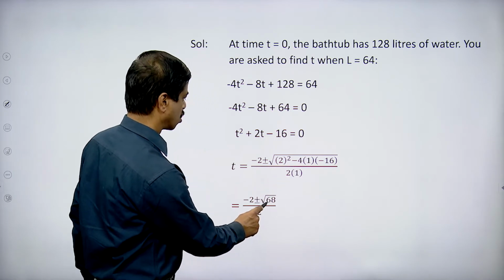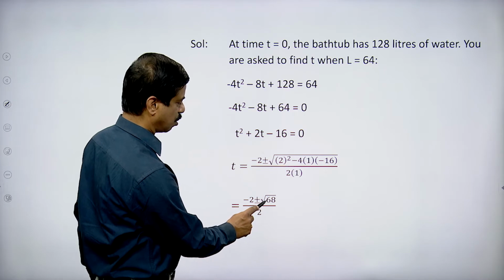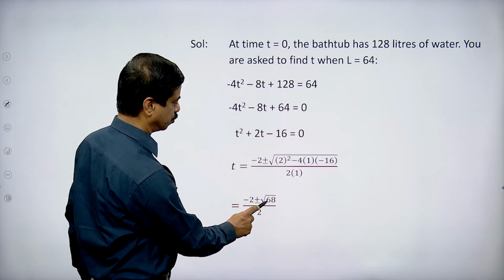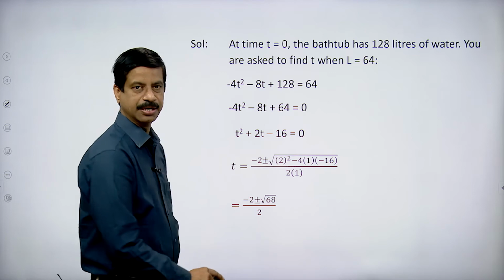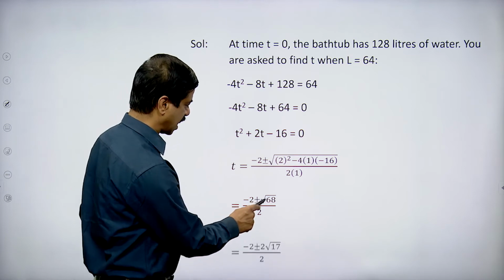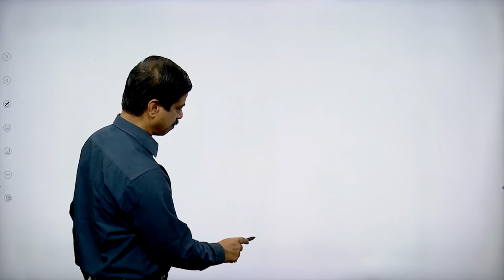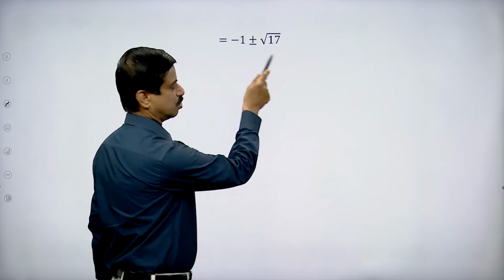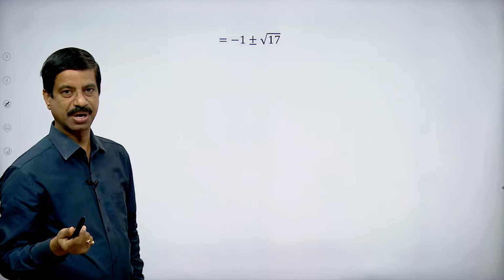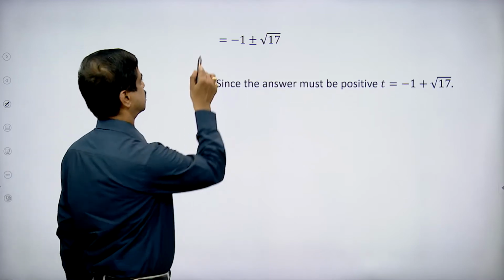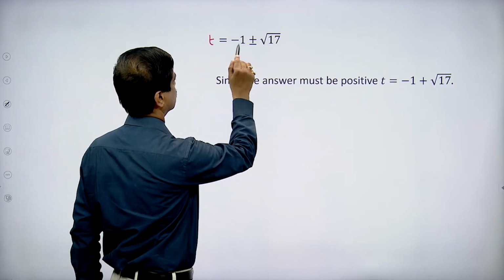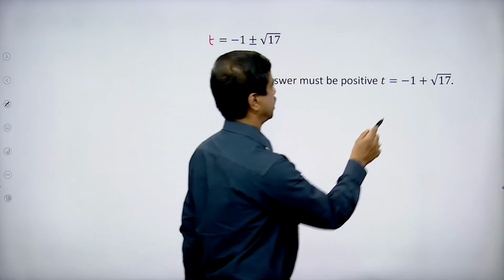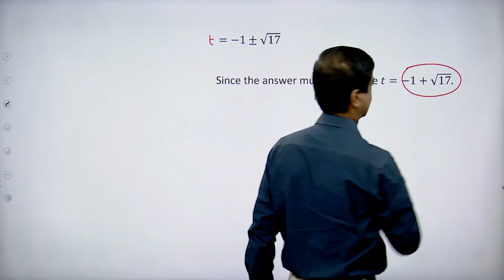Take 4 out: 4 into 17. Root 4 is 2, cancel that 2, and you will get minus 1 plus or minus root 17. Time cannot be negative, this is t, so it should be only root 17 minus 1.